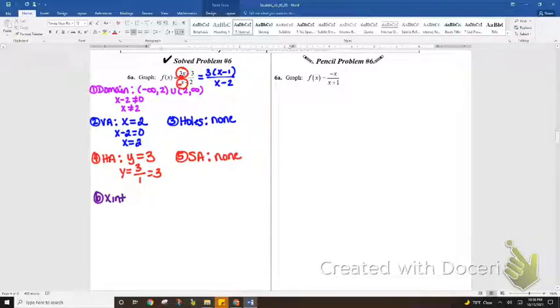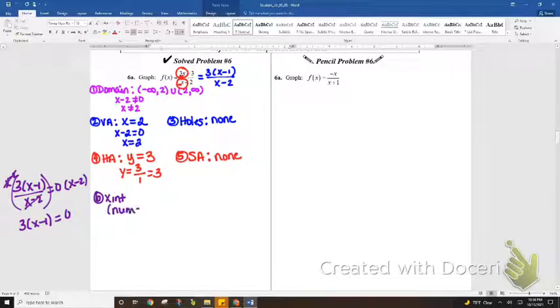If I set my function, using the factored form here, equal to 0 and solve, the first thing I'm going to do is multiply by that denominator to get rid of it. Well, when I do that, I end up with the numerator, and it's always going to still equal 0. So the shortcut for the x-intercept is just set your numerator equal to 0 and solve it.